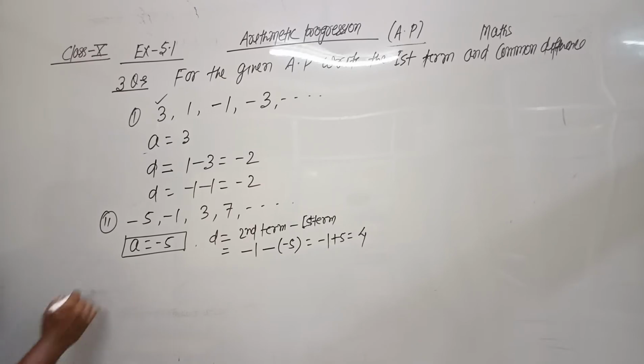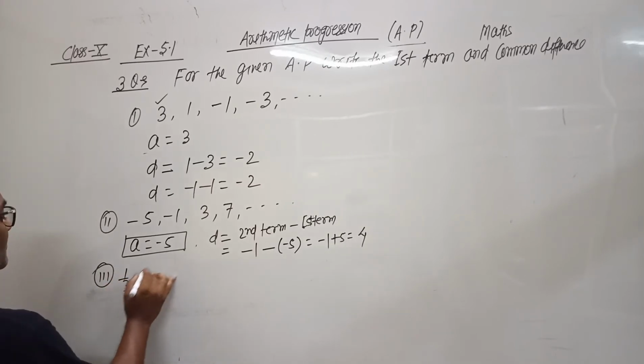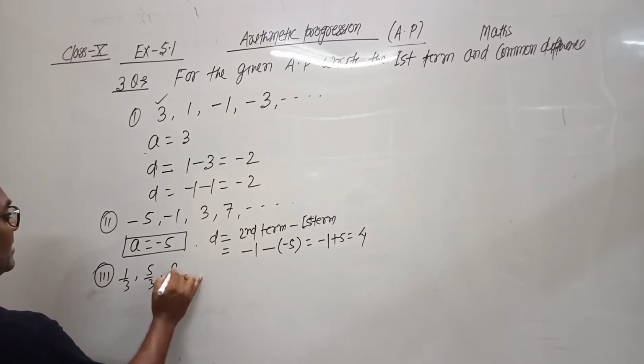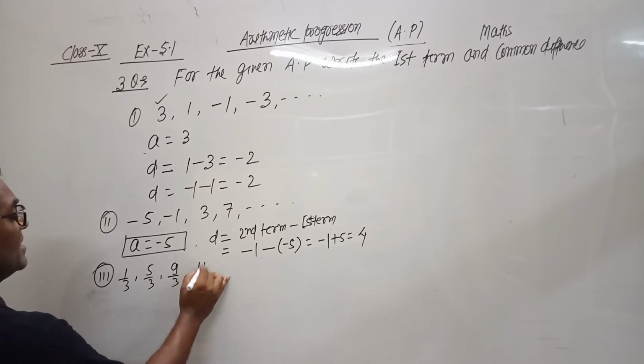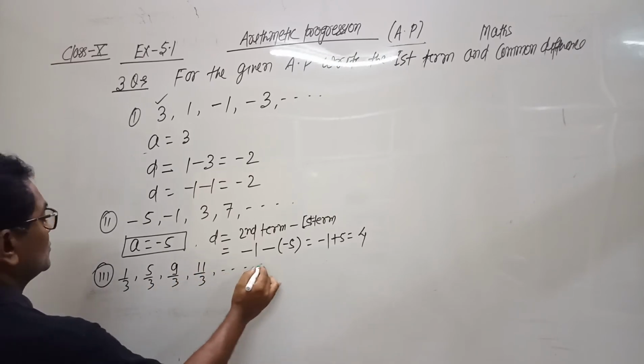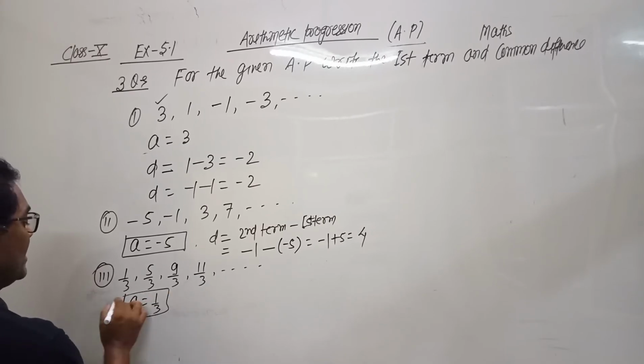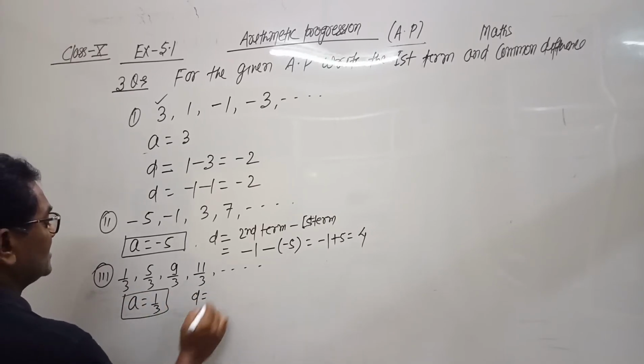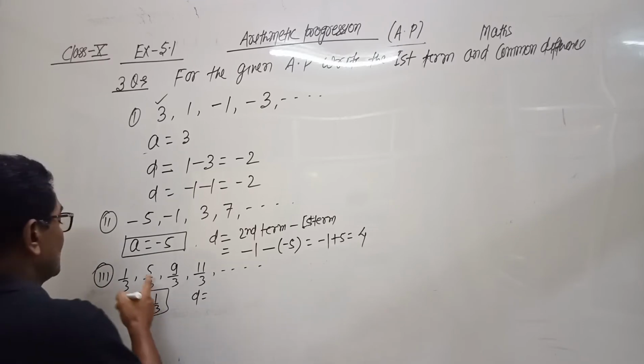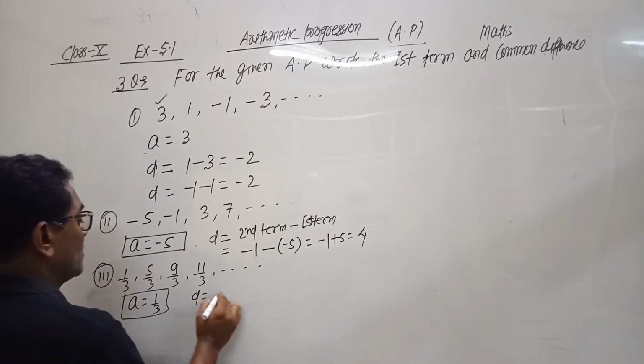The third question: 1 by 3, 5 by 3, 9 by 3, 13 by 3 and so on. So the first term A is 1 by 3, and the common difference is obtained by subtracting the first term from the second term.